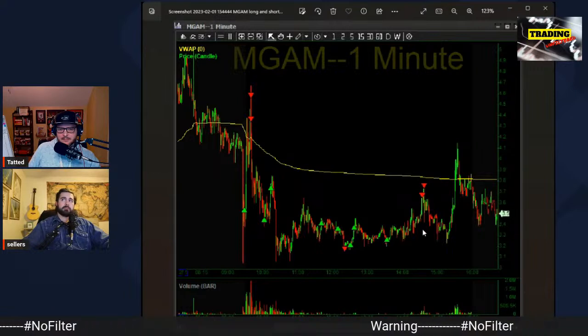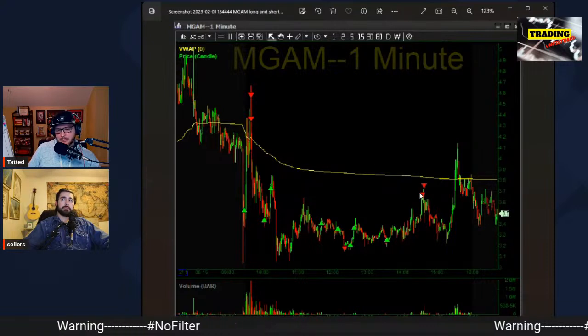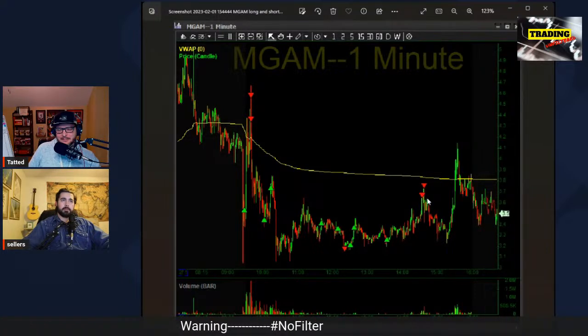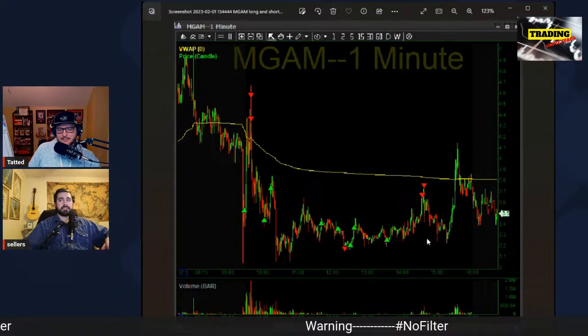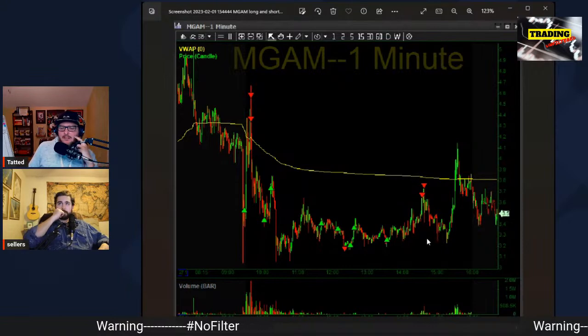I knew I wanted close to VWAP, and top tick sold it right there. I think it hit 174, and my last sell was at 173. So it was a good one. Honestly, I think this was my second biggest dollar gain of the day.